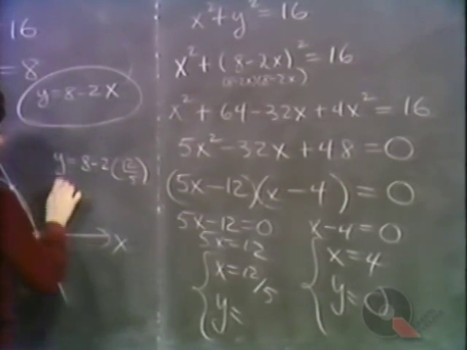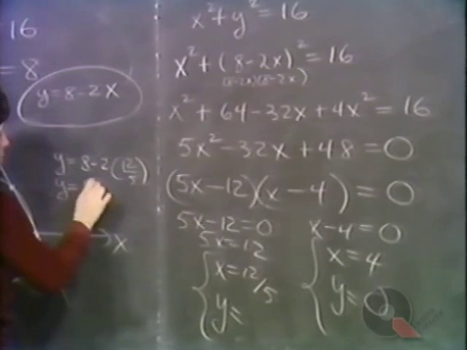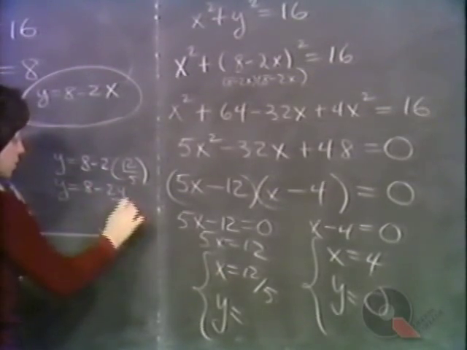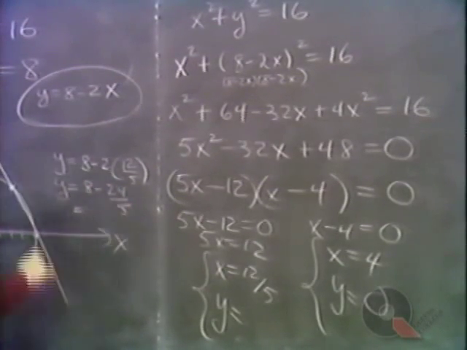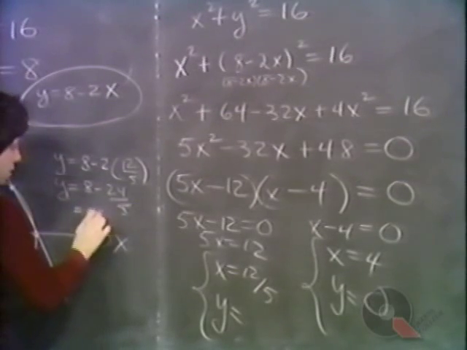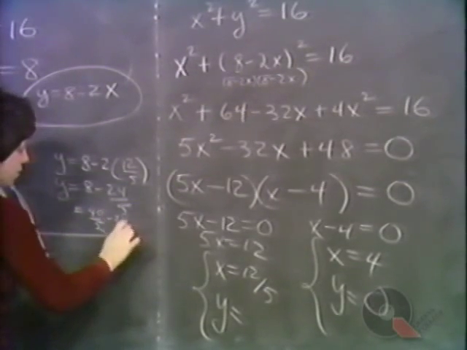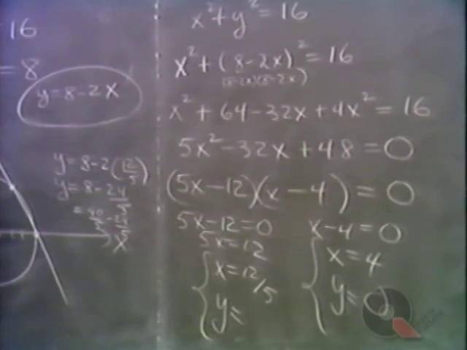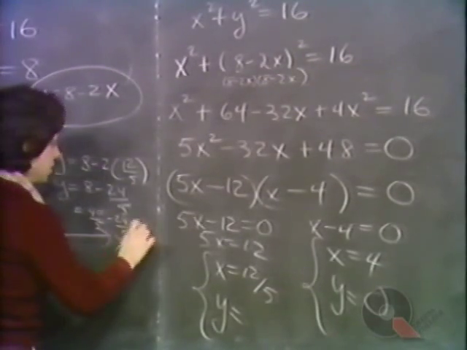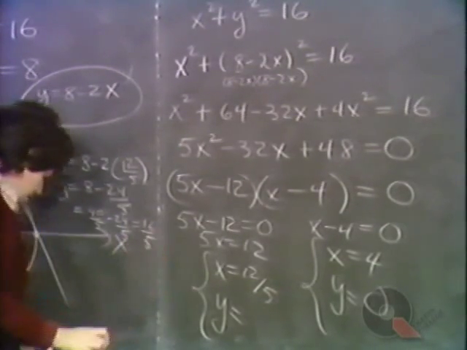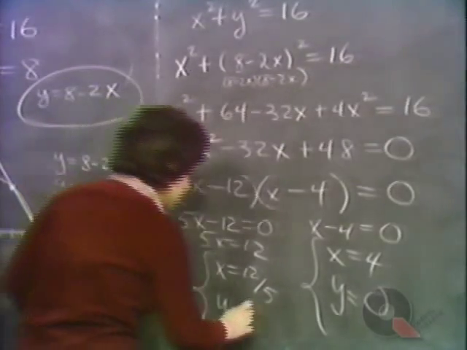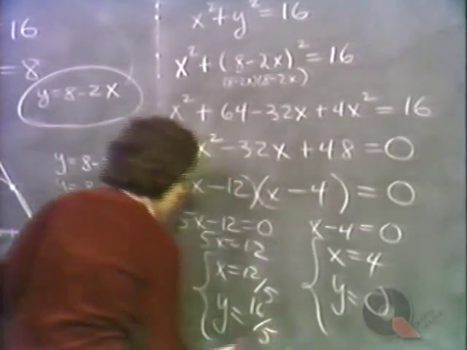That's not that obvious. You have to work it out. 8 minus 24/5, which is, now 8 is really 40/5, minus 24/5, giving us 16/5.